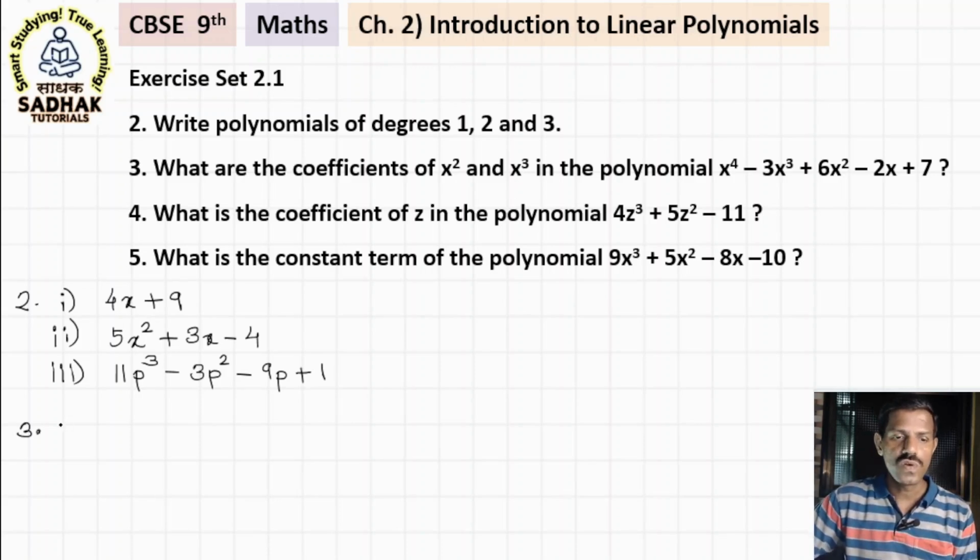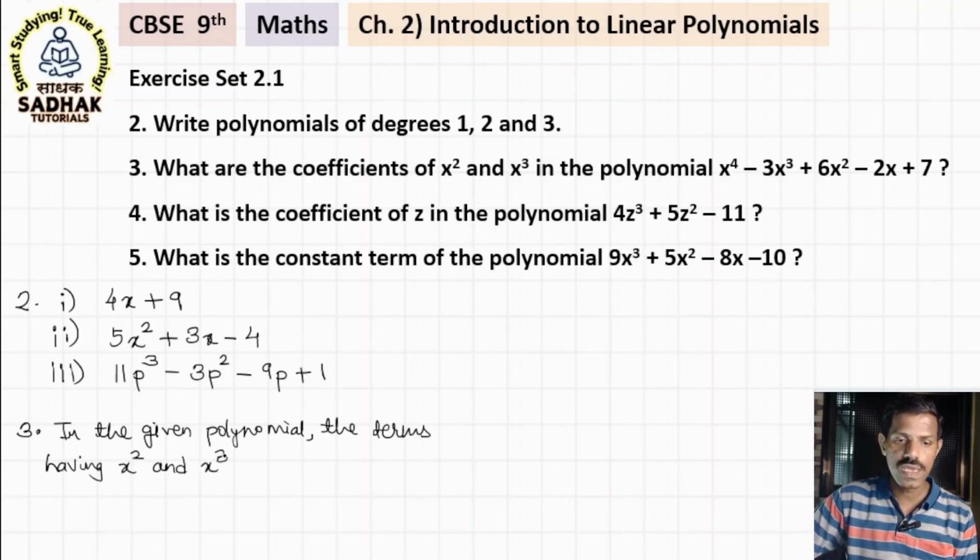In the given polynomial, the terms having x raised to 2 and x raised to 3 are 6x square and minus 3x raised to 3 respectively.